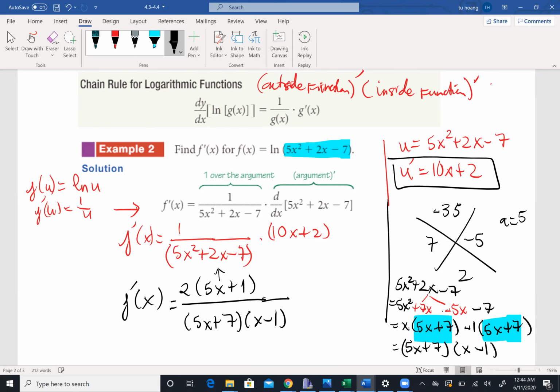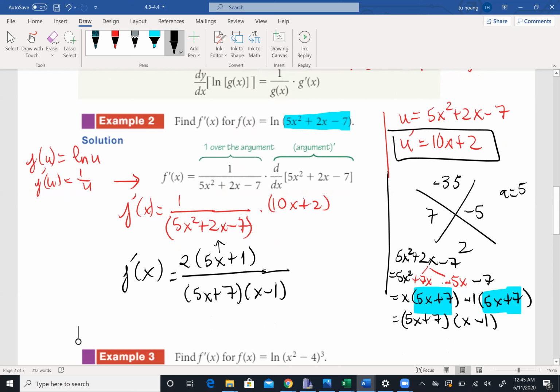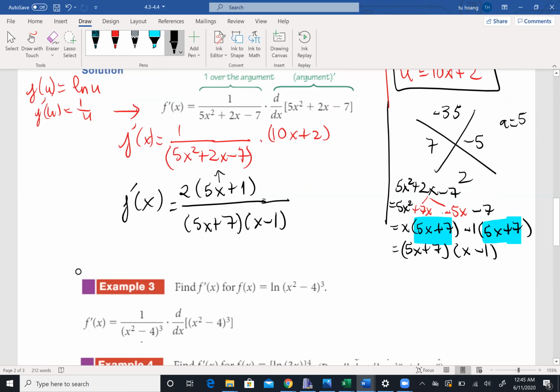So this should be the answer. However, I cannot cancel anything and cannot simplify more. Sometimes we're lucky that we can cancel, but sometimes we will not have anything to cancel or simplify. So I'm just going to stay here at the answer.